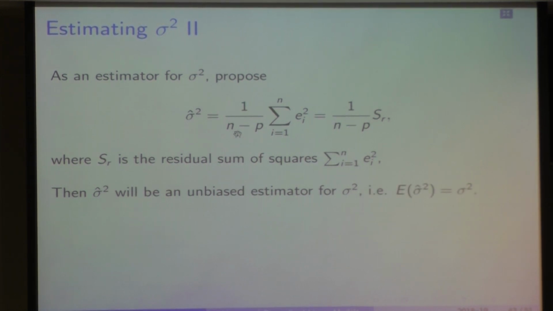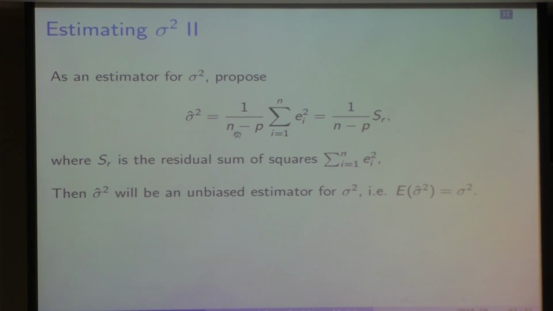Okay, so remember the unbiased estimator is one whose mean is the thing that it is trying to estimate. And one of the things that people often want from an estimator is that it is unbiased. In itself, being unbiased doesn't mean that it's a good estimator.